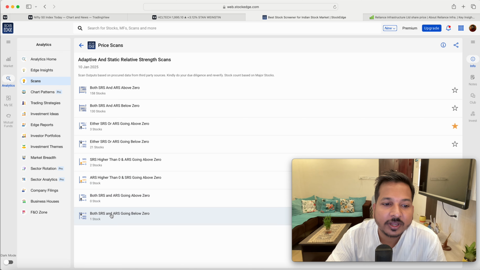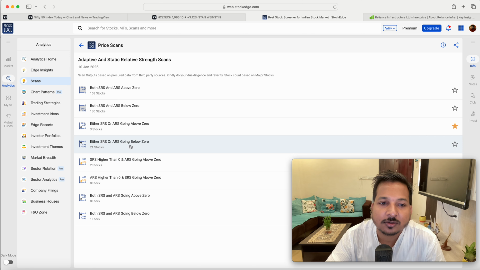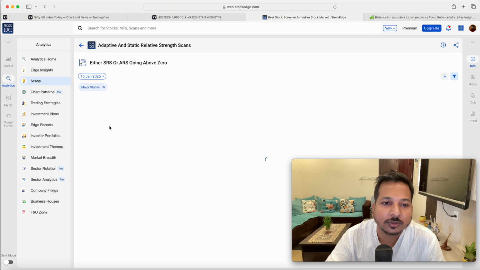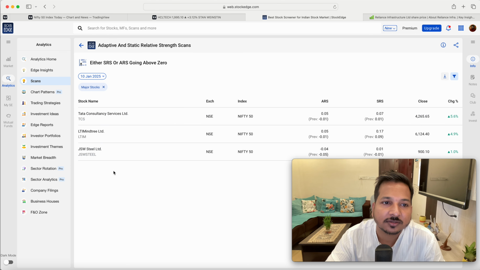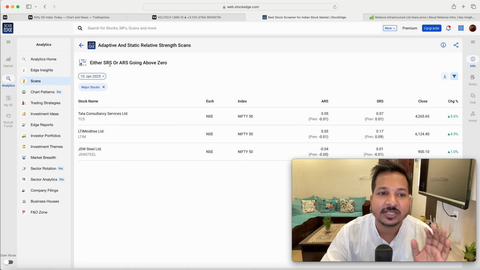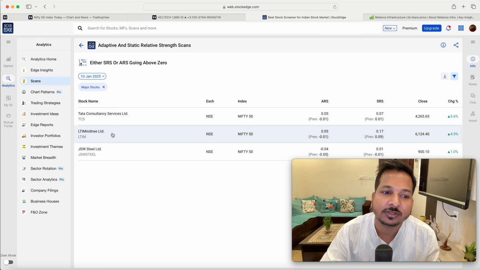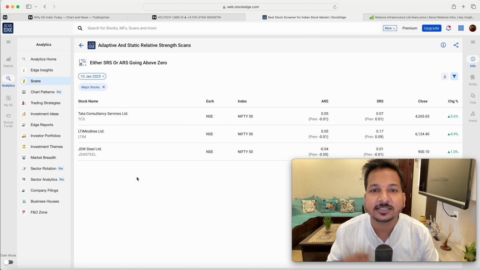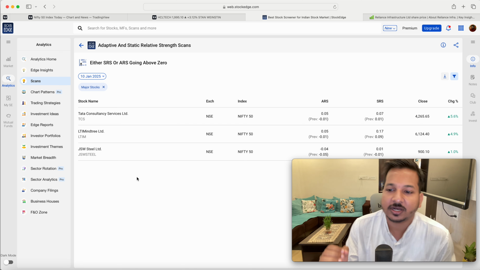So ARS going above 0, either SRS or ARS going below 0, and either SRS above 0. These are the stocks, 3 stocks which are showing SRS or ARS going above 0. For ARS alone there is no separate scan, but for any of these, SRS or ARS going above 0, these are the stocks. SRS is RS 123. ARS is from some particular level you are checking.